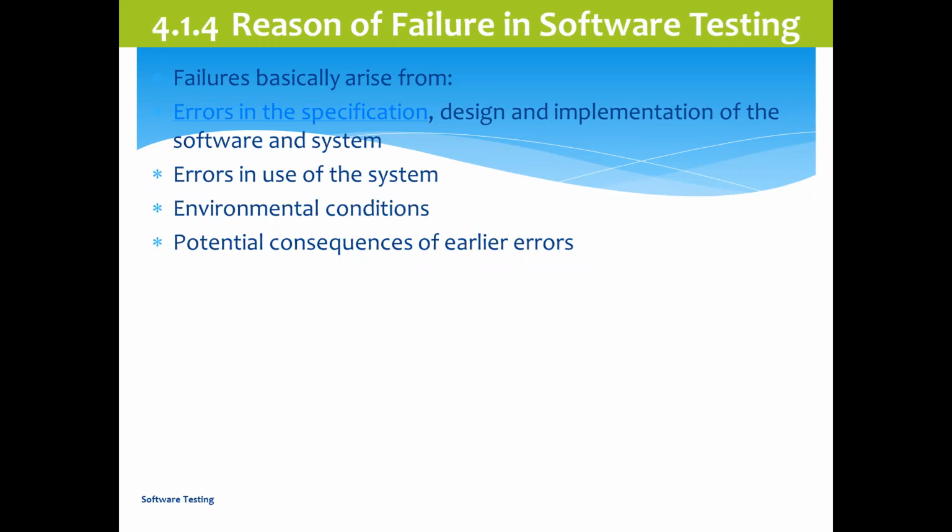Then potential consequences of earlier errors. Previously some errors were already there in that project and were not fixed. Now we got a new requirement that is related to the previous one. If the previous one is not fixed and not working properly, then obviously this will also have problems. So these are a few basic reasons. Due to these reasons, failure can happen.